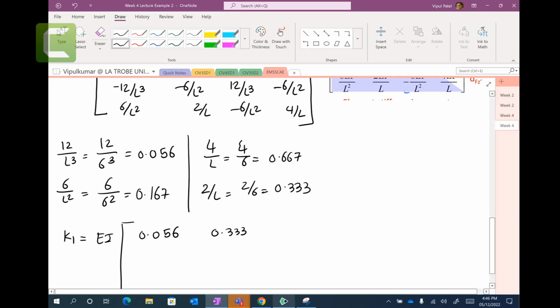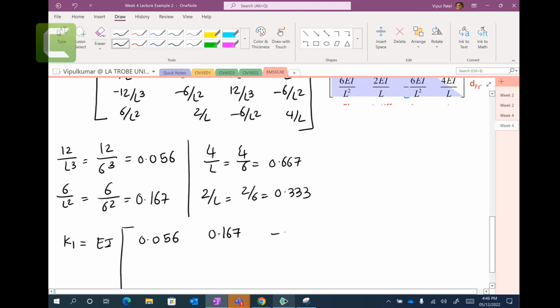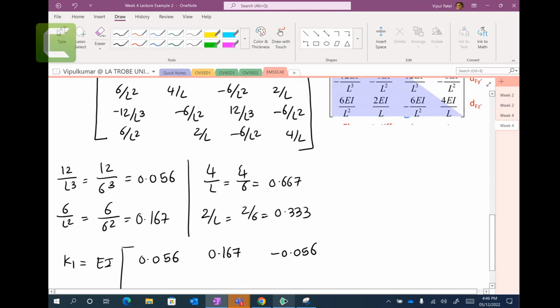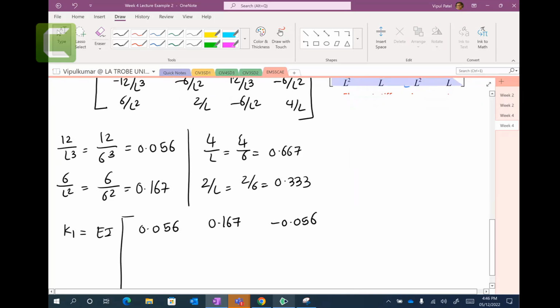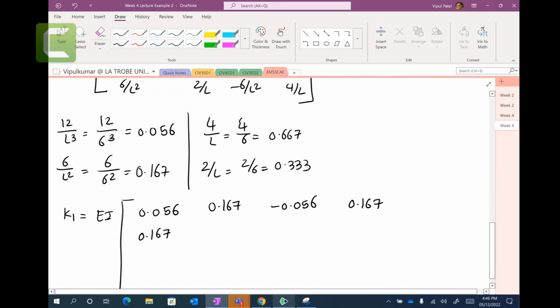So you put here 0.167, and then minus 12 on L cubed, minus 0.056. 6 on L squared, 0.167. 6 on L squared, 0.167. 4 on L, 0.667.